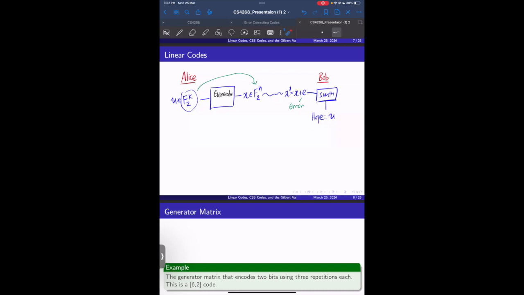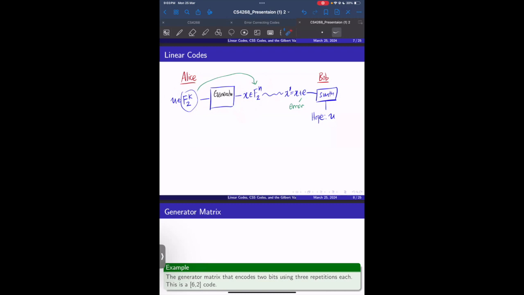Okay, so let's go back to the setting we were discussing previously. Previously we said that we had some k-bit string u, and then we did something to it. We added redundancy, some parity checks or whatever, and then we got this n-bit string.